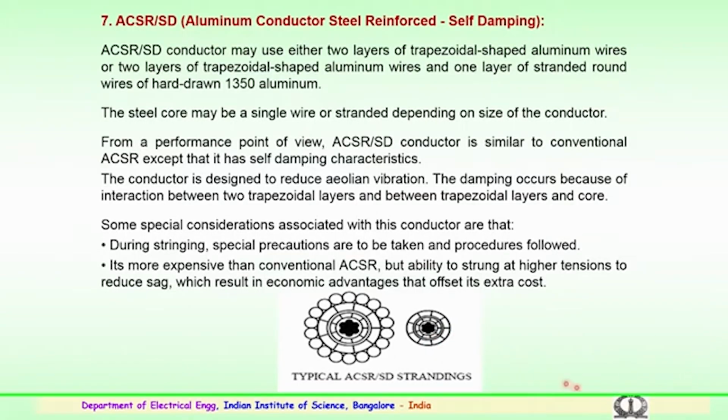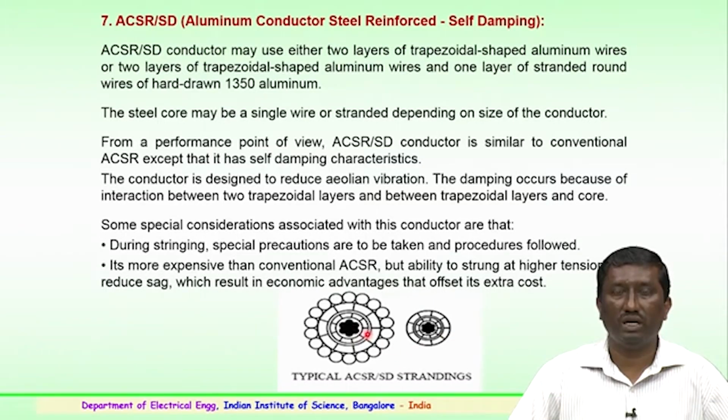The steel core, which is in the middle, may be a single wire or stranded. So, this could be single or maybe stranded like 1, 7 and so on, depending upon the size of the overall conductor. So, from the performance point of view, that is in the field, the performance matters.